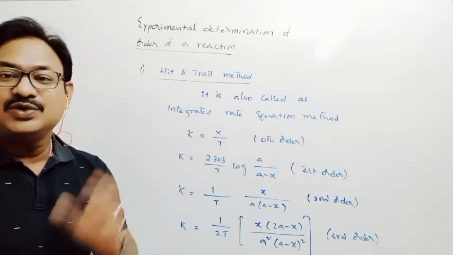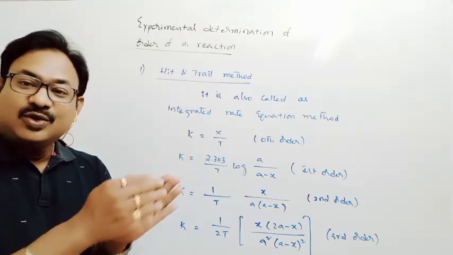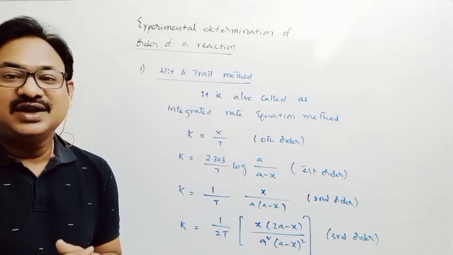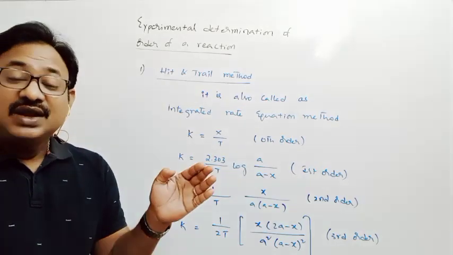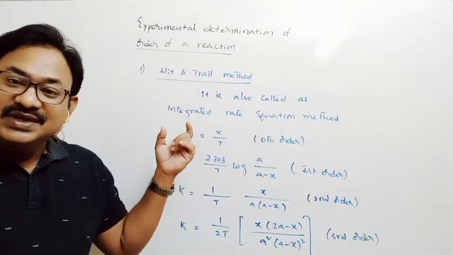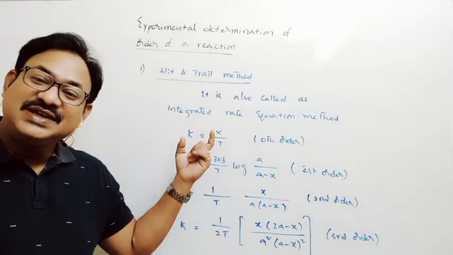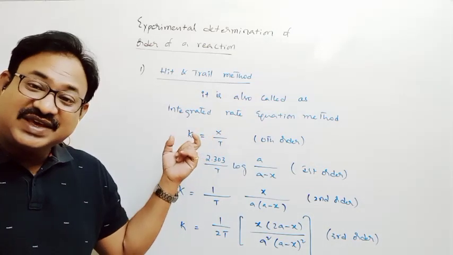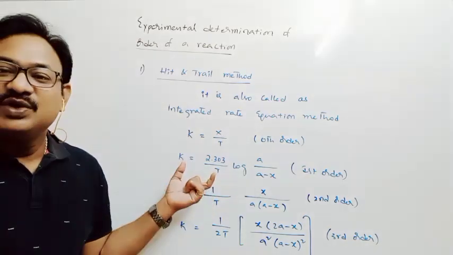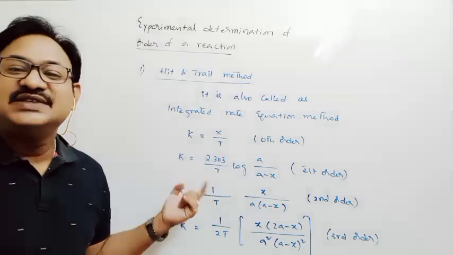If all coincide, meaning the K value remains constant, it is zeroth order. If the K value is different, then it is not zeroth order. Then you have to verify first order, then second.